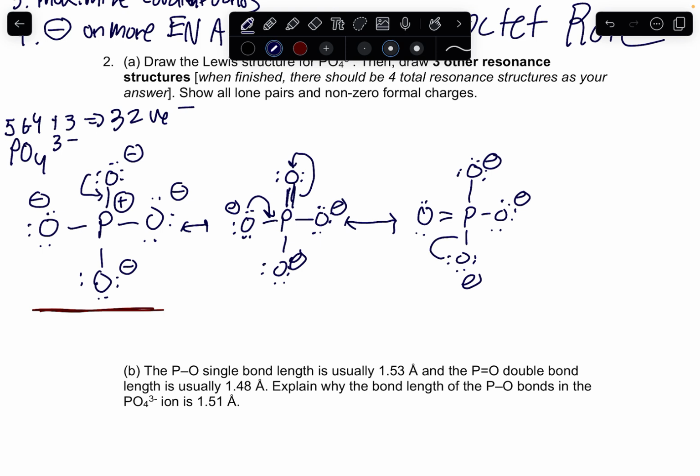Likewise, we can just do the same thing with this bottom one, push the electrons up. And once again, we can do it down here as well.